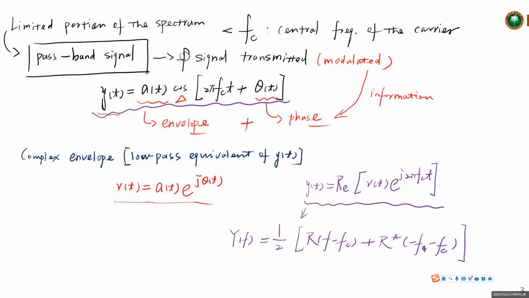It means the complex envelope can usually be regarded as a version of the passband signal shifted to a central frequency equal to 0 Hertz. So then the spectrum of the passband signal can be put in terms of the complex envelope spectra.